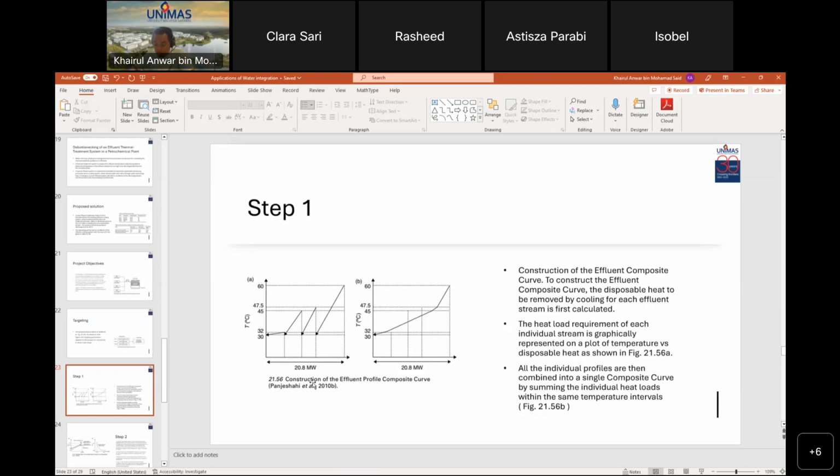The composite curve is constructed by combining all individual profiles into a single curve within temperature interval, figure 5b.